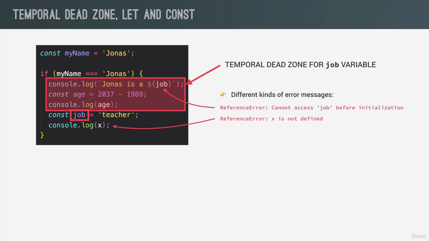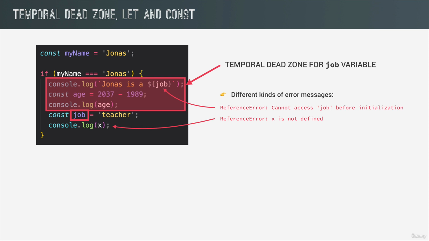Then, when the execution reaches the line where the variable is declared, it is removed from the temporal dead zone and it's then safe to use. So, to recap, basically each and every let and const variable gets its own temporal dead zone that starts at the beginning of the scope until the line where it is defined. And the variable is only safe to use after the TDZ, so the temporal dead zone.